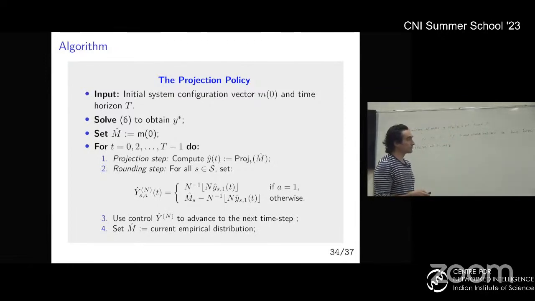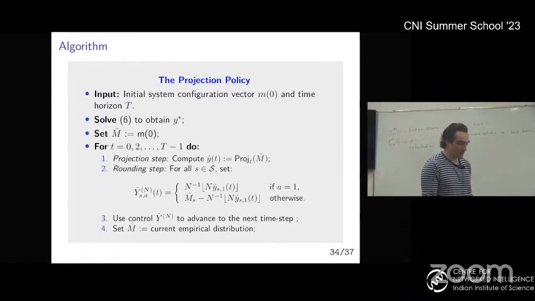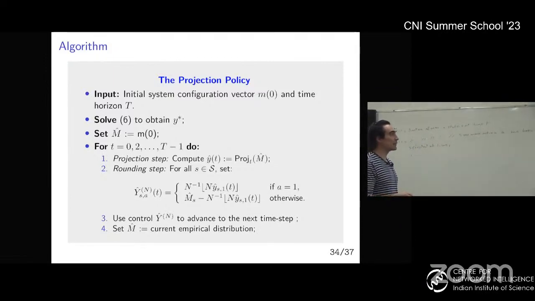So you give an empirical description, and it's giving you a splitting of action per state, the proportion of active arms per state, right? Which is as close as possible to the optimum LP. Okay. Then you have the rounding step, right? Where basically you make things integer.